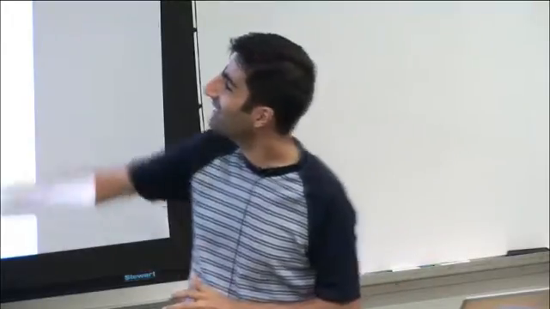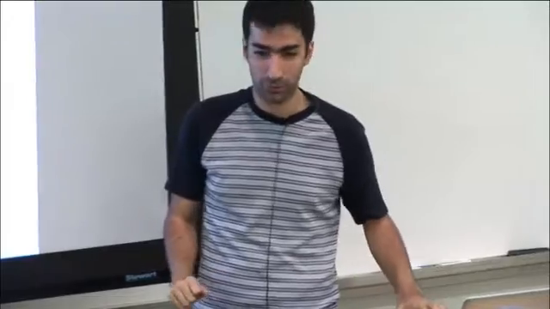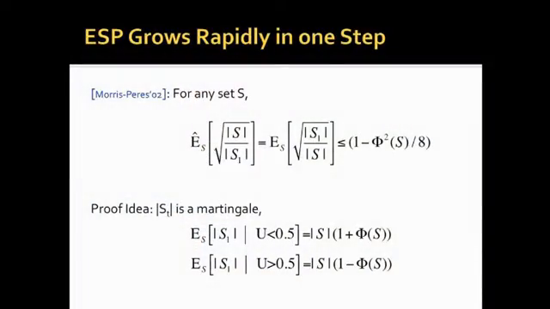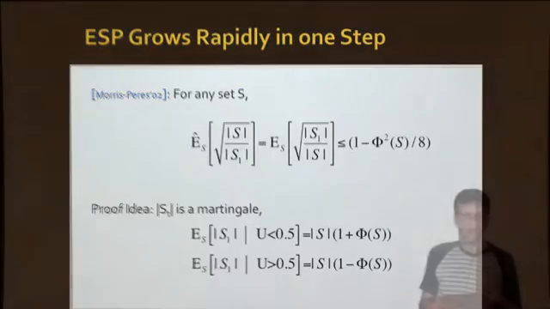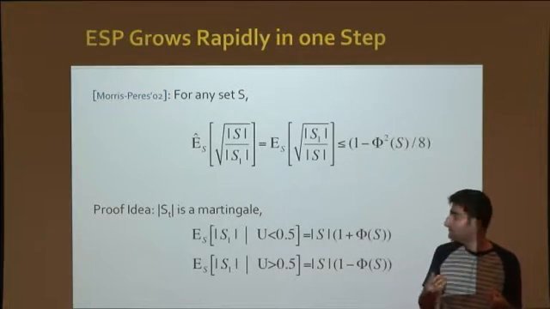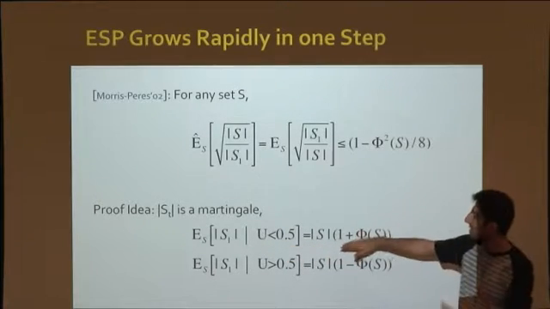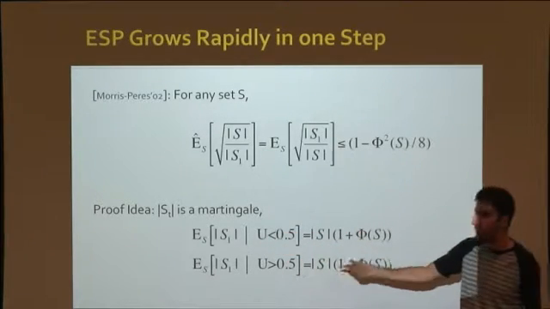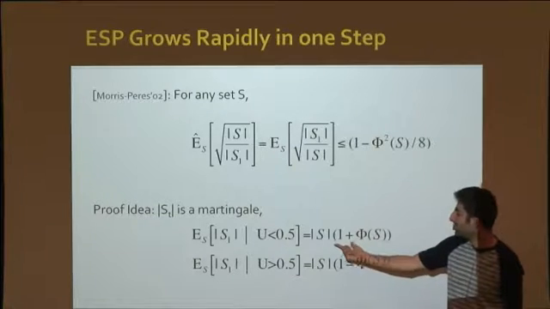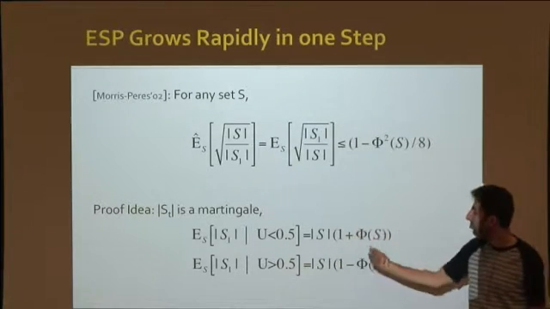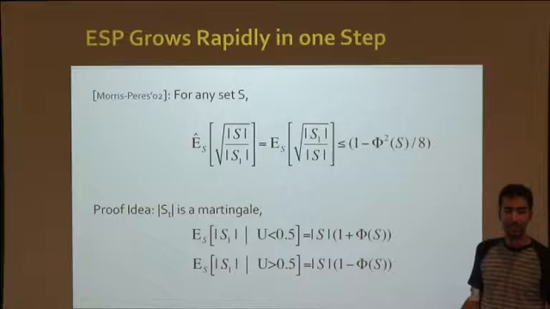But now, this is not hard to prove. In fact, the proof simply follows from the fact that the size of the set in the volume-biased process is a martingale. The reason is that if your threshold is below 1/2, your new set would be 1 plus phi times the old one in expectation.